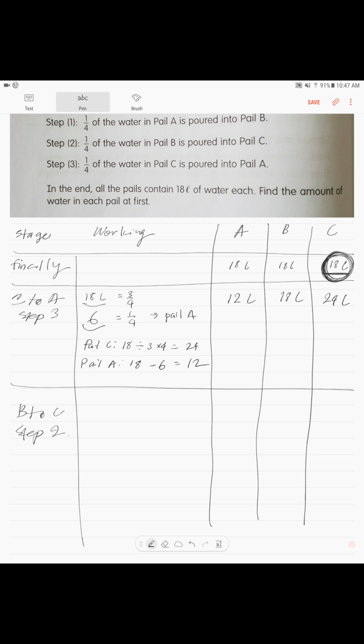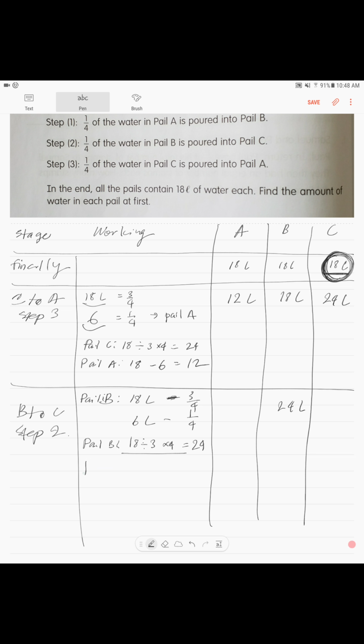Pail B right now has 18 liters, and this is 3/4. We already know that 1/4 is 6 liters. So we return this 1/4. Pail B is 18 divided by 3 times 4, 24. That's another way to calculate it. So 24 liters.